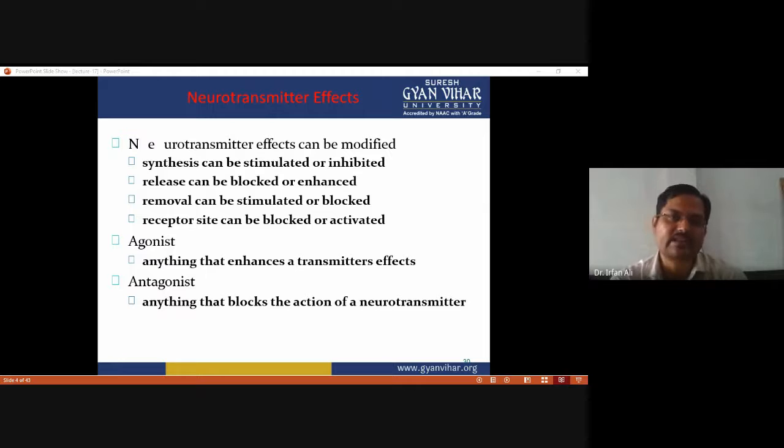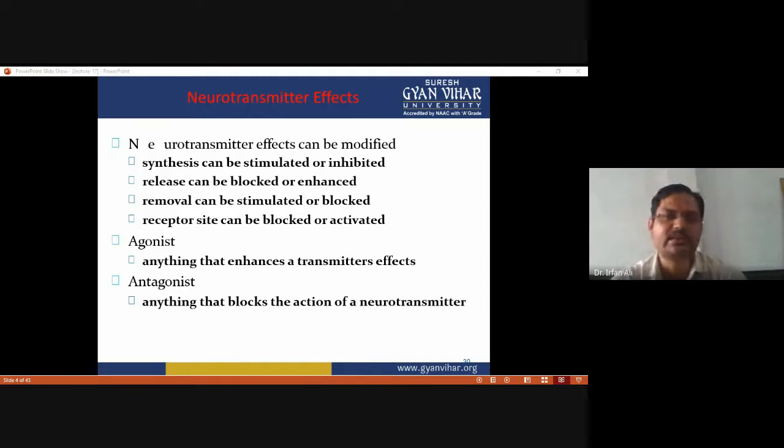The second mechanism is that release can be blocked or enhanced. If the neurotransmitter release is blocked, nerve impulse conduction cannot take place. If the release of the neurotransmitter is enhanced, nerve impulse conduction takes place. And removal can be stimulated or blocked. If the neurotransmitter is removed from the site of the synapse, nerve impulse conduction cannot take place.